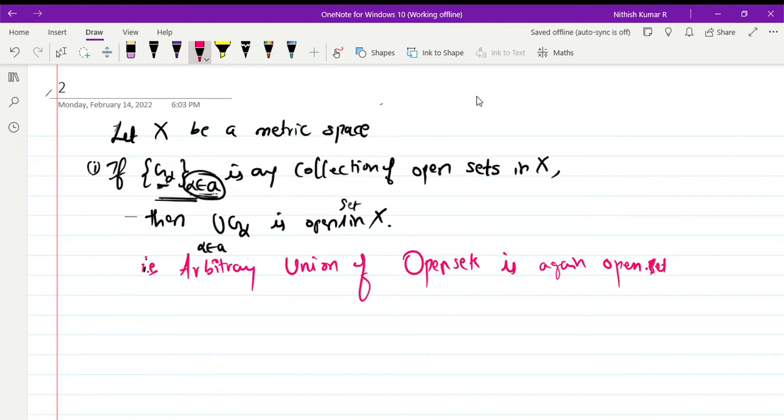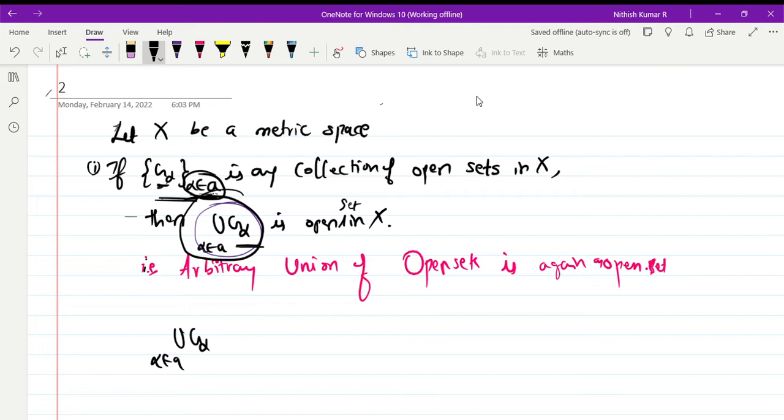We shall prove this. My aim is to prove that this union of G alpha is open. To prove this is an open set, we need to prove that every point of this set, that is the union of G alpha, alpha belongs to A, is an interior point.